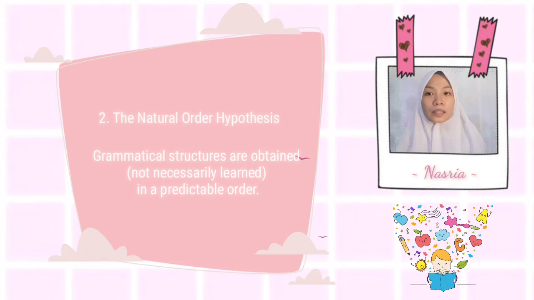This implies that, in general, certain language structures tend to be acquired early and others acquired late. One part of grammar that is well studied in language acquisition is the morphology of English. It is an established finding that there is a natural sequence for the acquisition of the morphology of English for children learning English as a first language.